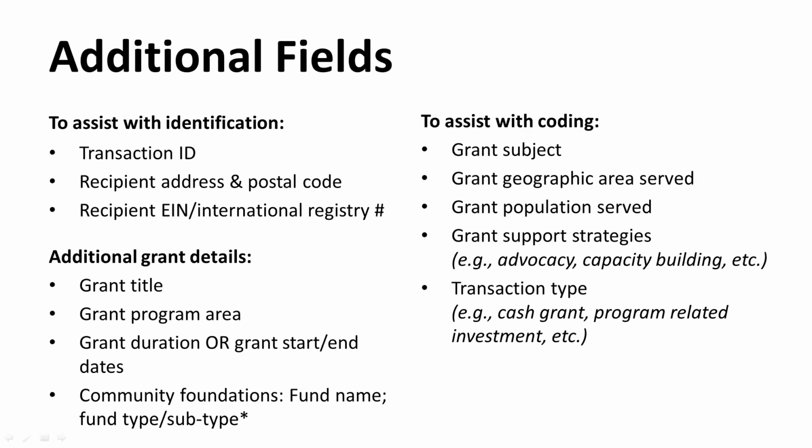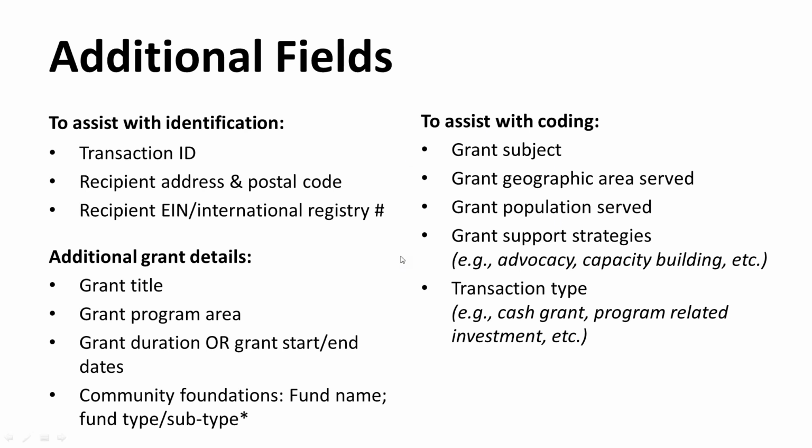Then there's a final category of additional fields that have to do with coding your grant properly. Once we receive your information, we code it according to our taxonomy, which is called the Philanthropy Classification System, or PCS for short, which covers these 5 facets: subject, geographic area served, population served, support strategies, and transaction type.